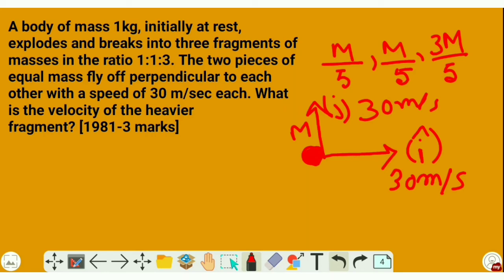Now see, the body explodes by itself. That means there is no external force present on the system, so we can write that linear momentum is conserved.